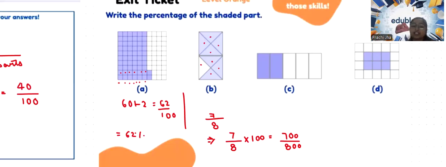Let's simplify it first. If you simplify the 8 with the hundred, this is going to be 2 and this is going to be 50. So now we are left with 7 over 2 times 50. Then this can be simplified further: 2 and 50, that's going to be 25.